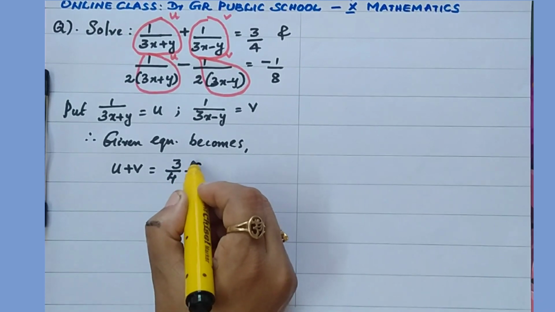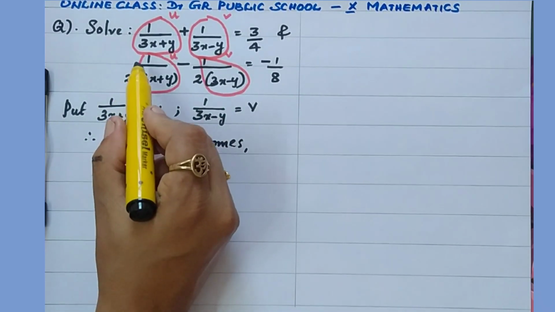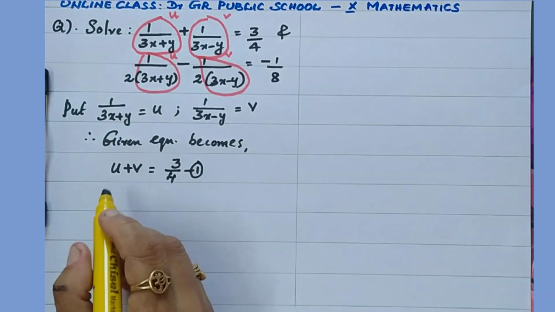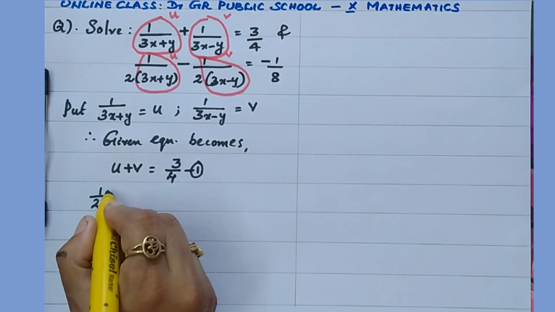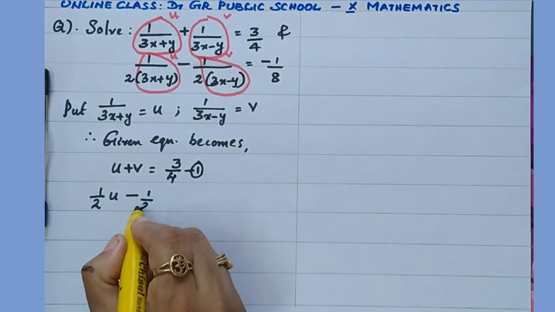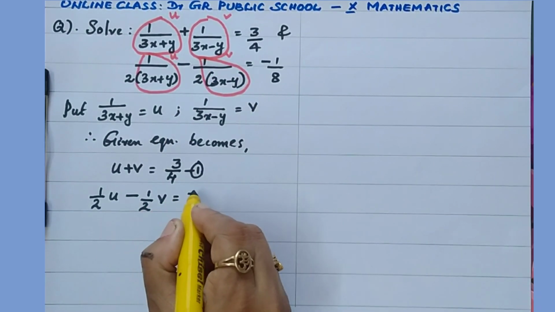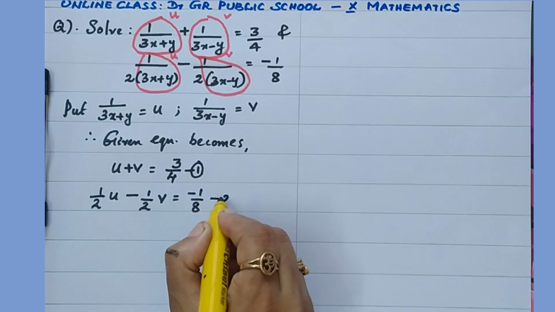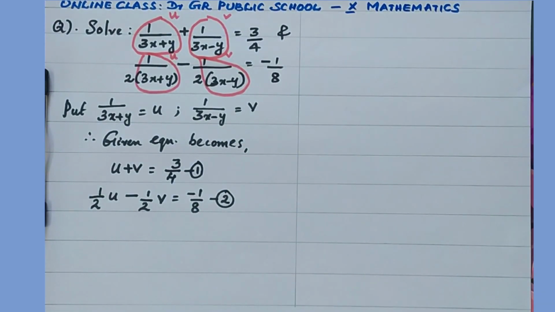That is the first equation. And the second equation is 1 by 2 because 2 is in the denominator. So, 1 by 2u minus 1 by 2v. Your right side is minus 1 by 8. Equation number 2. Now, how to solve?